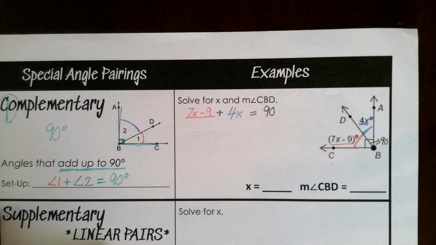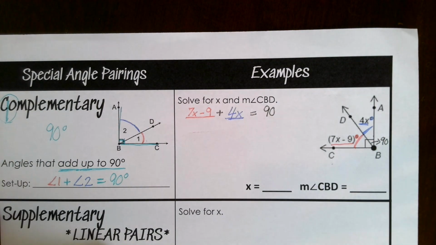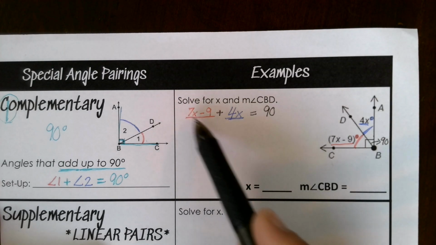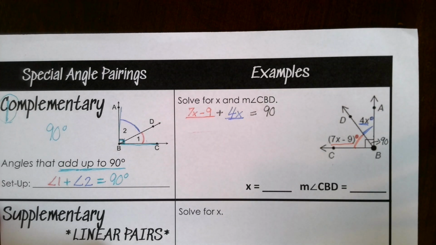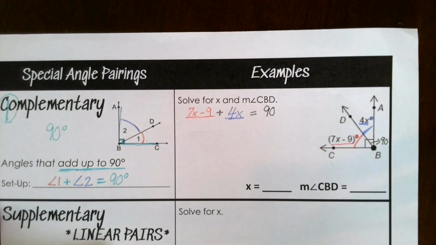Okay, now we need to solve for x, and our steps for solving. Step 1, I check and see if I need to distribute. No parentheses, so I do not need to distribute. Okay. Step 2, I need to box them and sort them to their size.